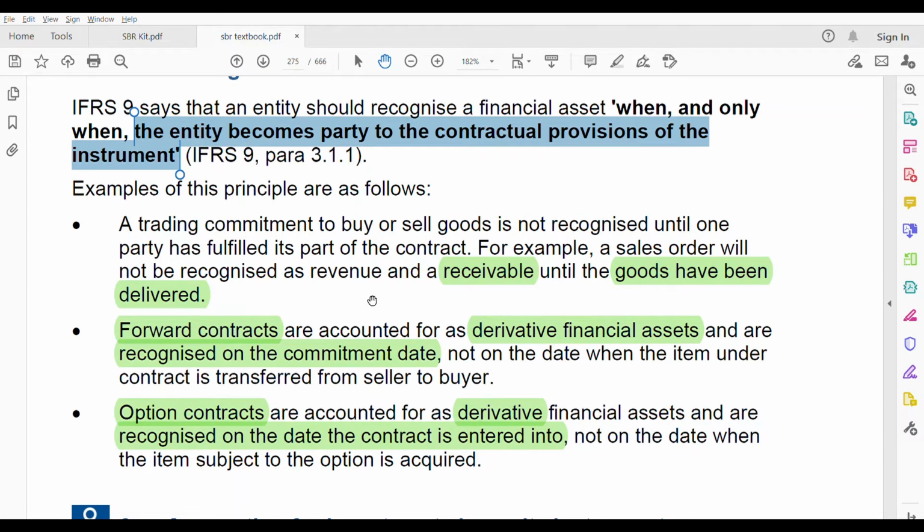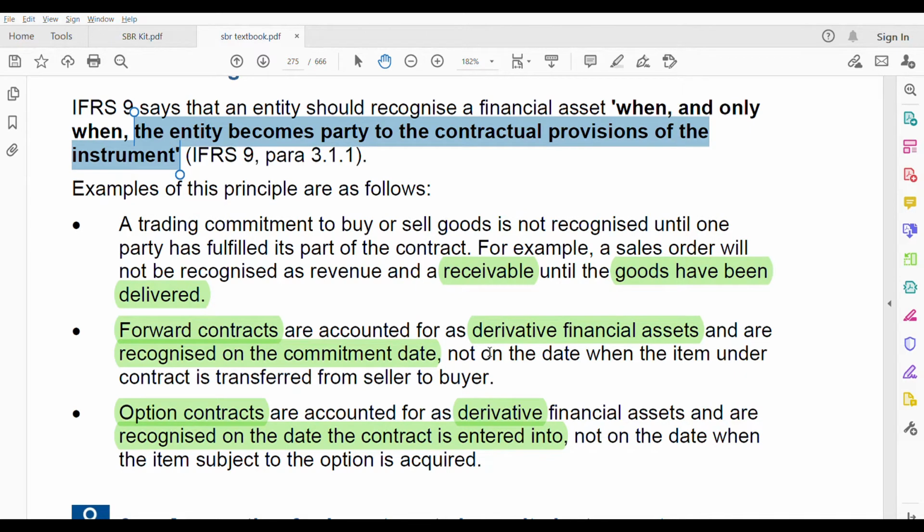Second, forward contract. Recognize on the commitment date when you have committed. Then also you are a party to the contractual provisions. Third, option, when you have entered into the contract, then also you are a party to the contractual provisions. Because when you have entered into the contract, it does not matter what happens at the end. You are receiving a premium, no?